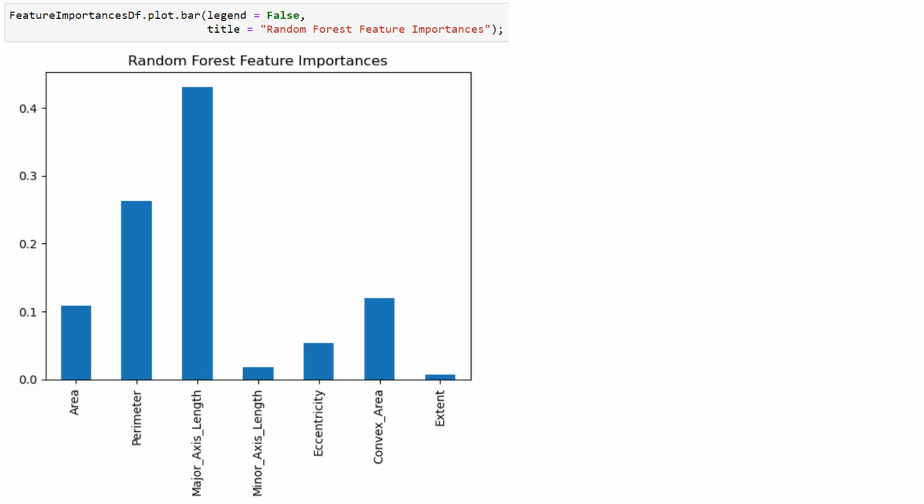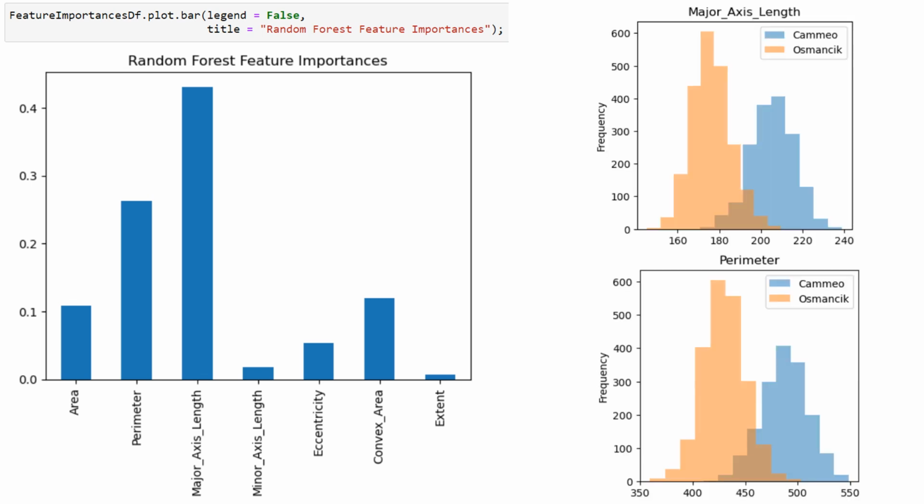Notice that when we plot this in a bar chart, what stands out is the perimeter and the major axis length. Here they are, and we notice that they seem to have significant differences in their means when we saw them as histograms.